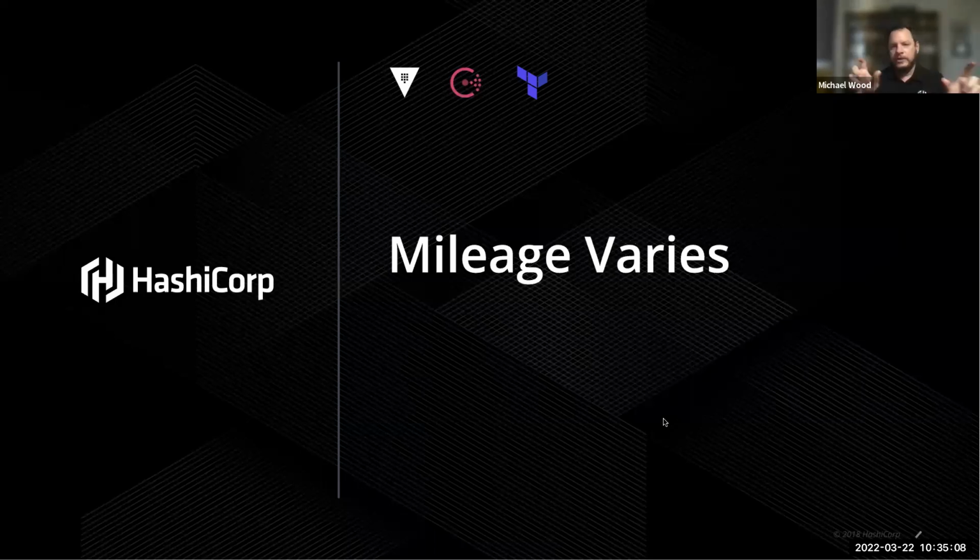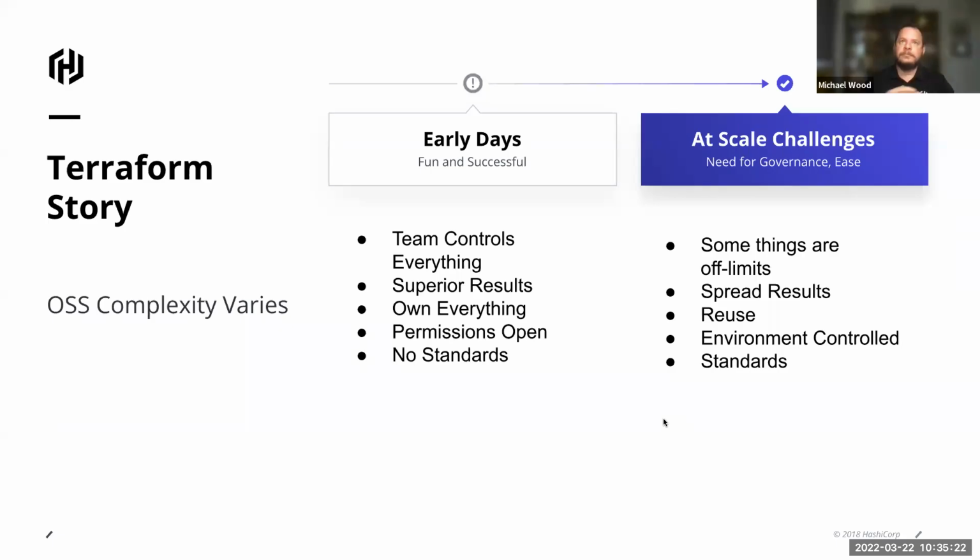I'll point you to a bunch of lists and instruction sets on learn guides that will help you walk through your migrations or understand the level of work you're going to go after for the migration. So OSS complexity varies by customer. The level of work of moving from OSS to enterprise is going to vary by customer.